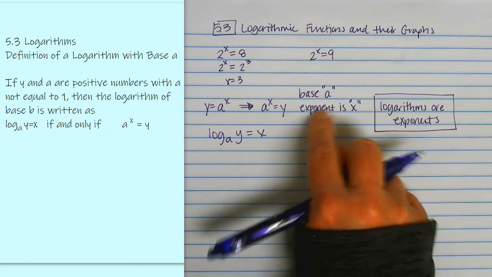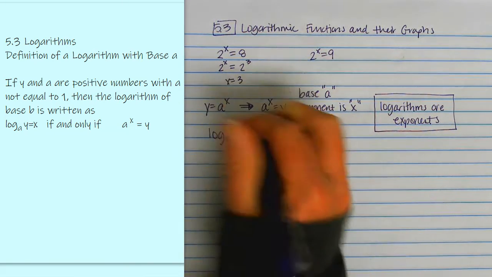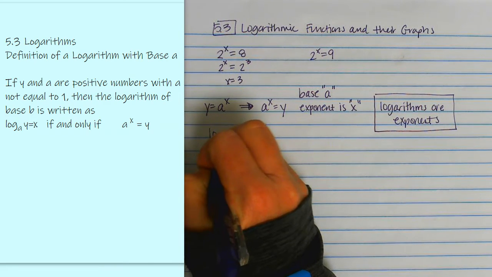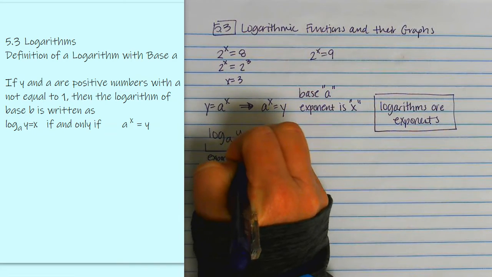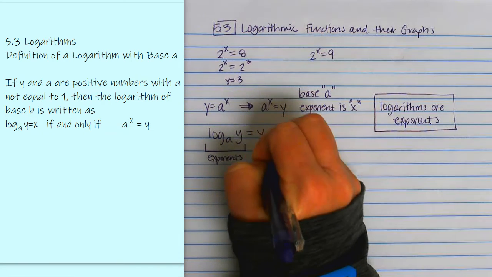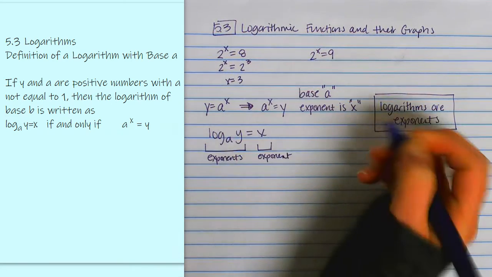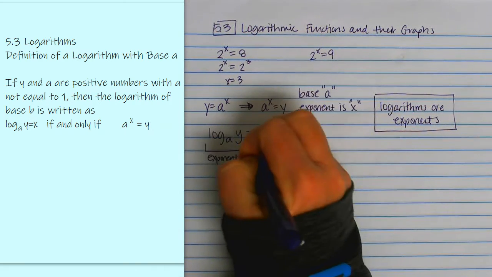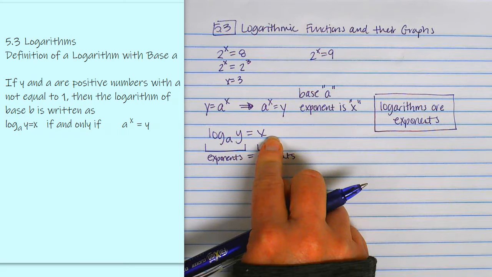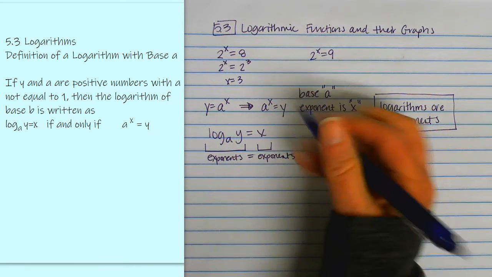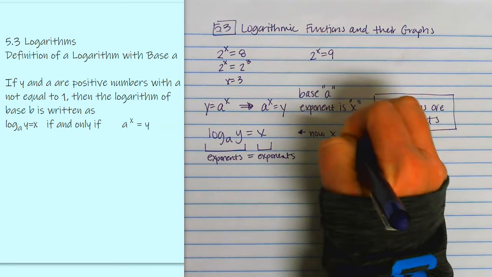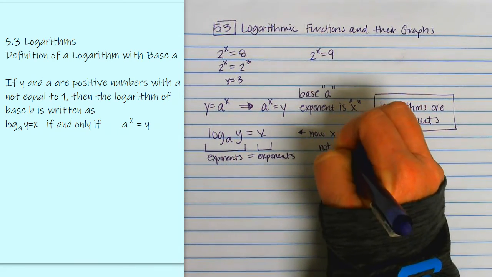Over here, I've said that x is the exponent. So the way that we rewrite this is that logarithms are exponents and x is an exponent. So we have exponents equal to exponents, which is how it's rewritten up here. This is really important because now x is not in a superscript position.